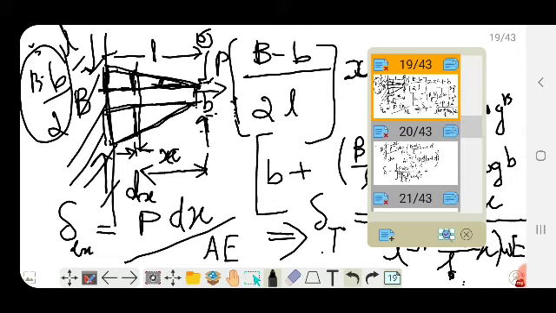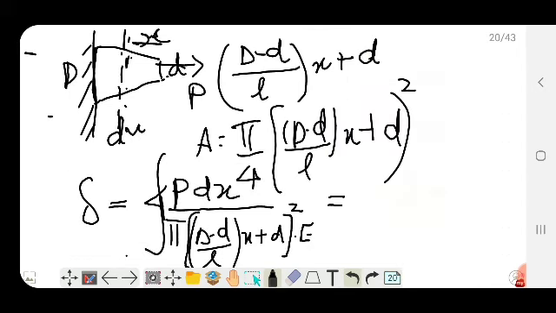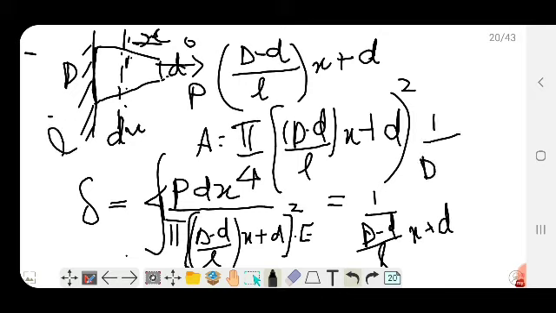Similarly, for the case of circular, it is 1 by h square, it will be minus 2 by x, that is 1 by d minus d by L into x plus d, where again x is varying from 0 to L. So 1 by d minus d plus d will be giving you capital D. 1 by d minus, next case x will be 0, so 1 by d.